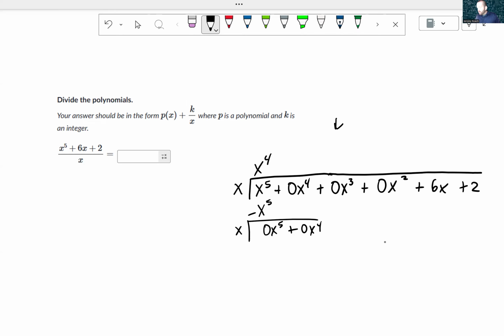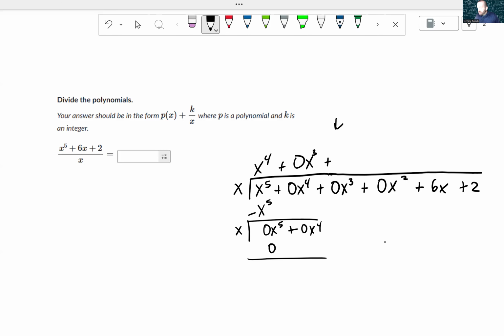And put the x there, and this is just times 0. So we would do 0 times x is 0, and this is 0x. Well, I should really write 0x to the third makes x to the fourth. This is a little tough with all the zeros, because there's 3 zeros that we have to go through.